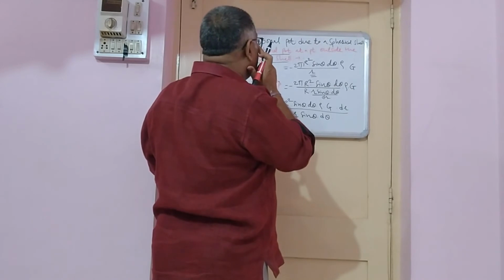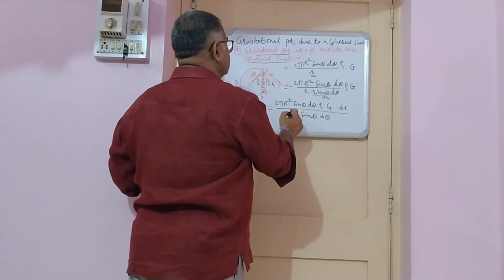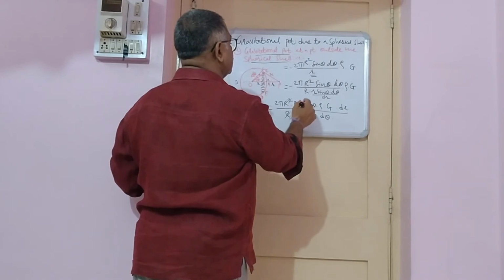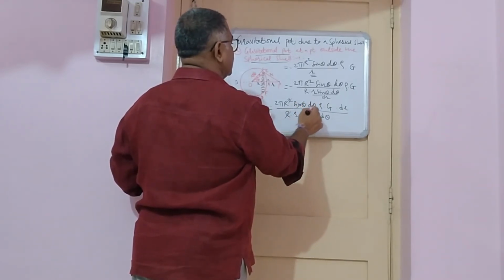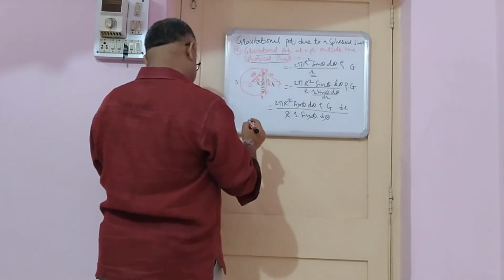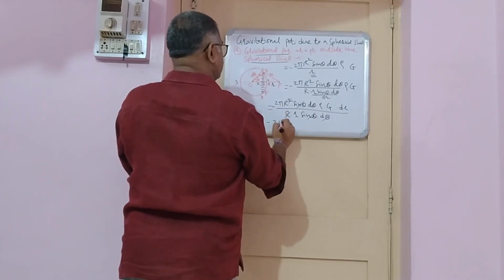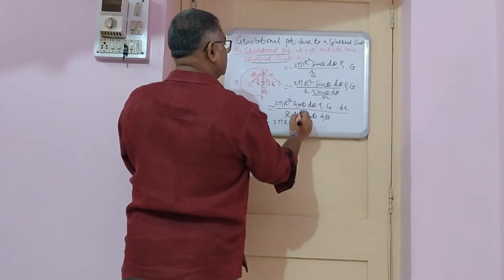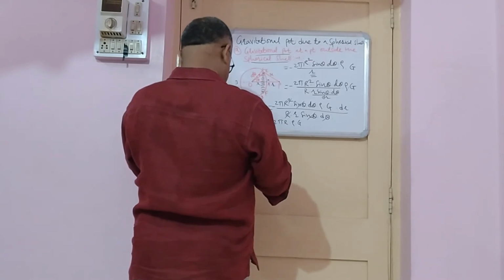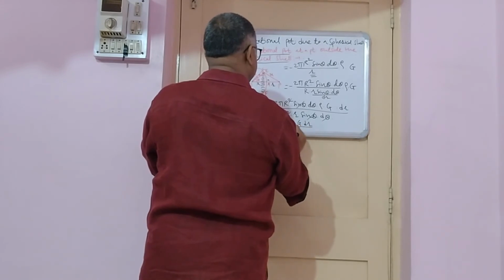Then which quantities will remain and which will cancel? We have to see. This will cancel here. Again sine of theta cancels, d theta again cancels. Then the quantity which remains is minus of twice pi r rho g dr divided by r.